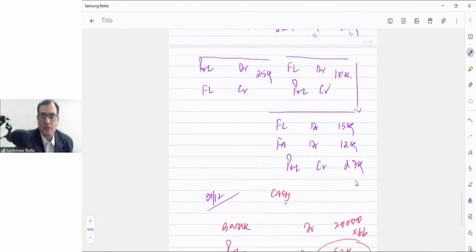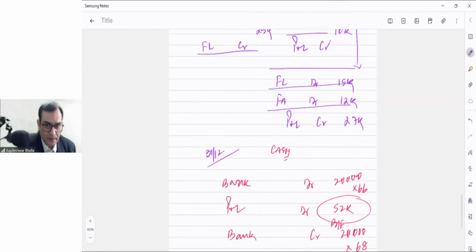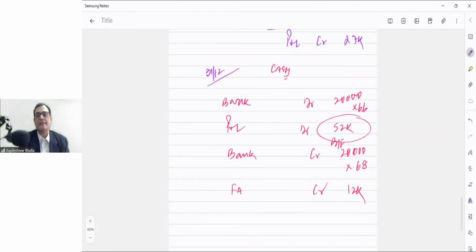So when there was a loss, I recognized a financial liability. When the loss went down, I derecognized the financial liability. When the loss further went down, I derecognized the remaining financial liability and I recognized a financial asset as well. So this financial asset, which is now standing in the books of accounts on December at the time of net settlement, will be finished. So the financial asset is given a credit in this case.